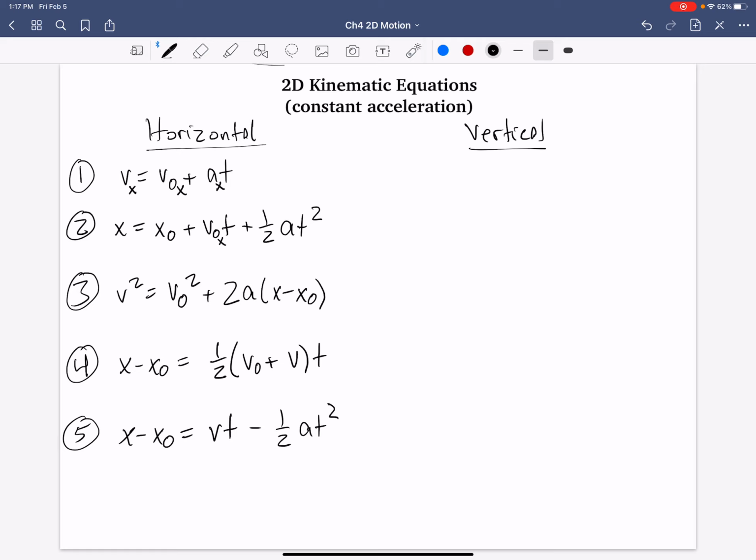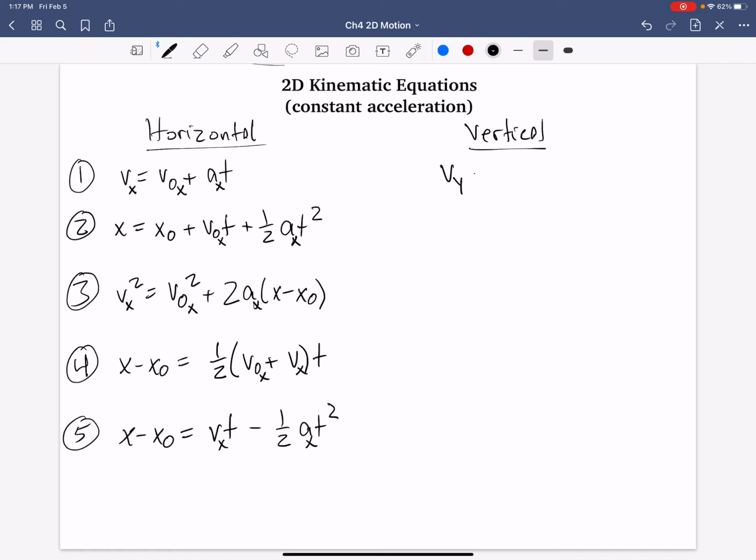So for every one that's not specified, I'm specifying x, x, x. Every term now is specified to be an x, except for time. That's not spatial.